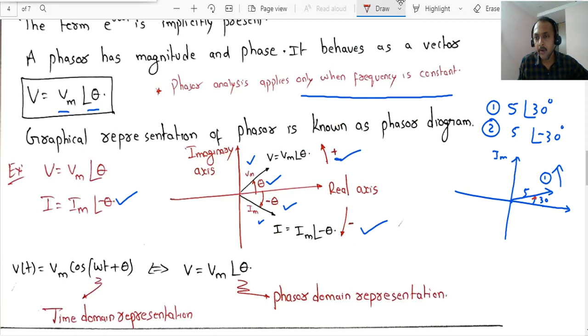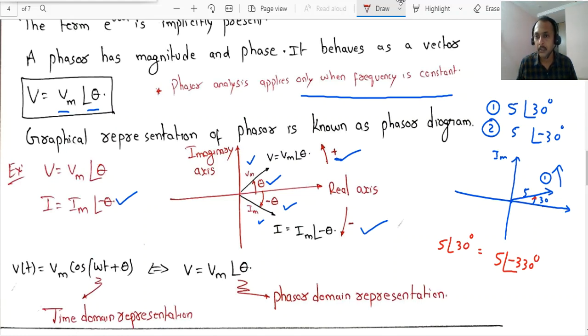But for the same 5, this 5 at an angle 30 degrees is also the same as 5 at an angle minus 330 degrees. Very, very important.